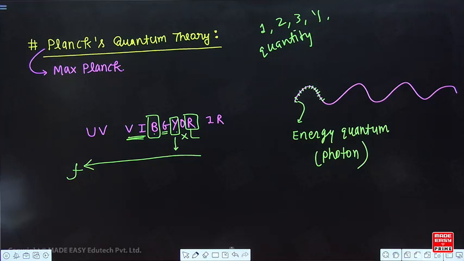Planck gave name quantum to the smallest quantity of energy that can be emitted or absorbed in the form of radiation.